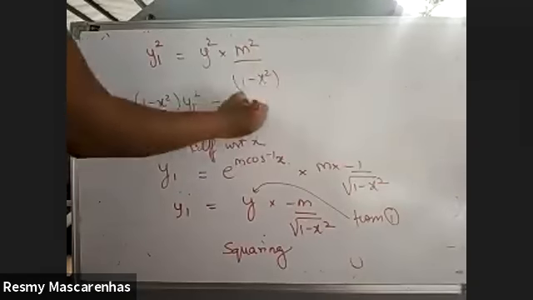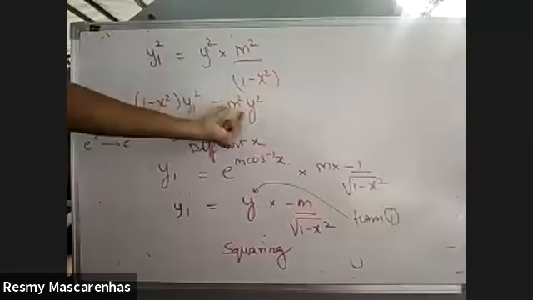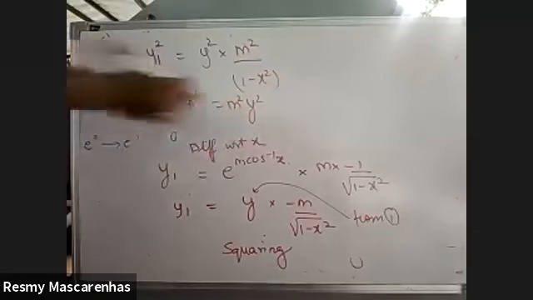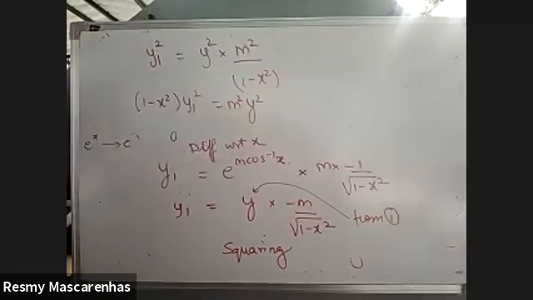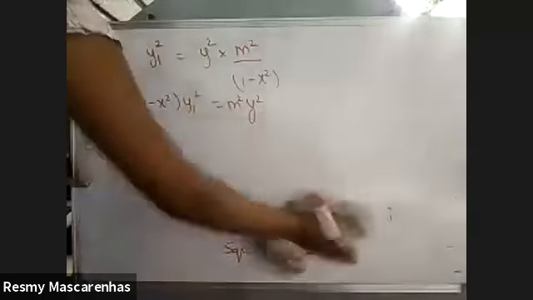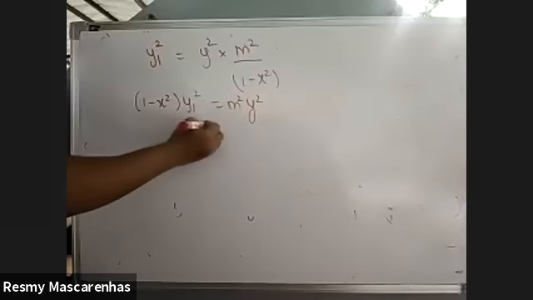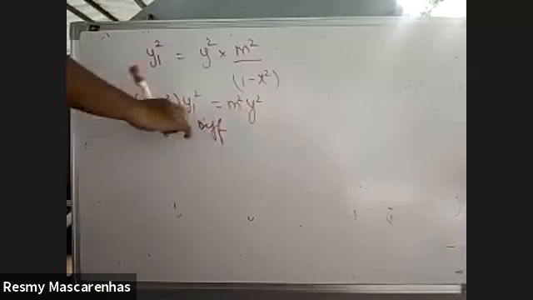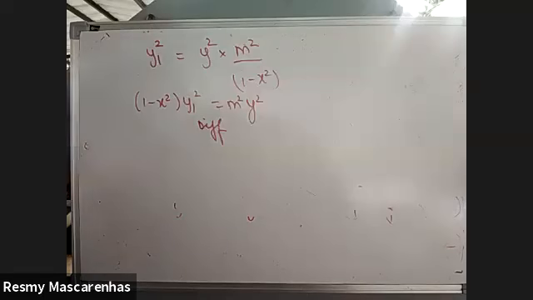M square I write first. M square is nothing but a pure number, it's a coefficient. And now differentiate. Now same thing again, u into v, same as the previous problem.